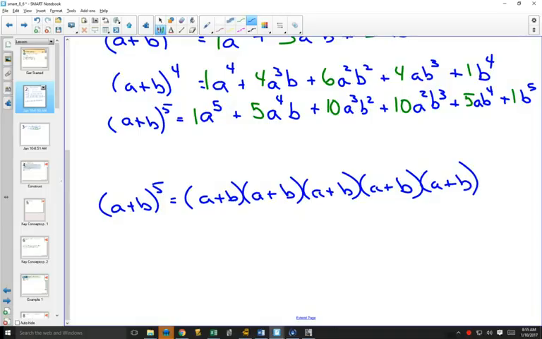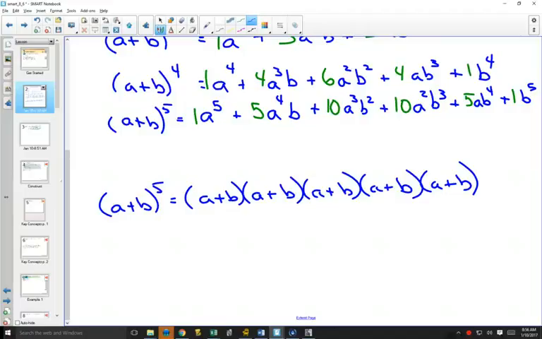Now, in the past, when we multiply this out, we multiply the first two together, and then multiply another one, and another one, and keep distributing all the way through. But what ends up happening when this is all multiplied out is, because there's a plus sign in there, you're either choosing the A or the B in each of them.